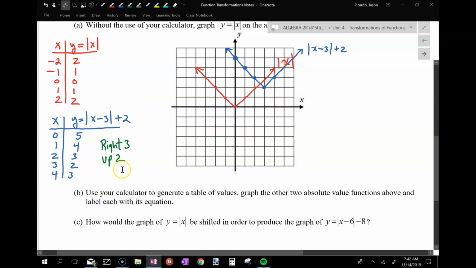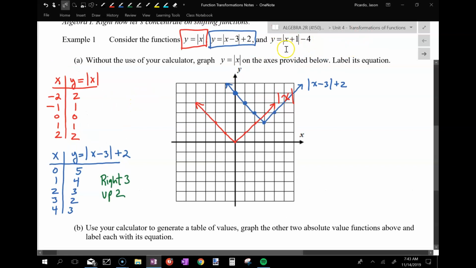So can I figure out what to do by looking at this without creating our t-chart? If you think you have an idea, keep it in your head for a minute. Let's do another t-chart with this example here, and let's see if your thought works. Everybody got an idea in their head? Let's see if it works.